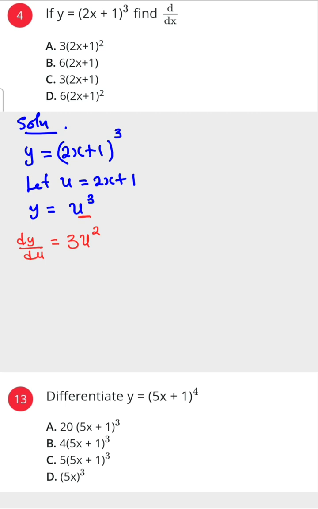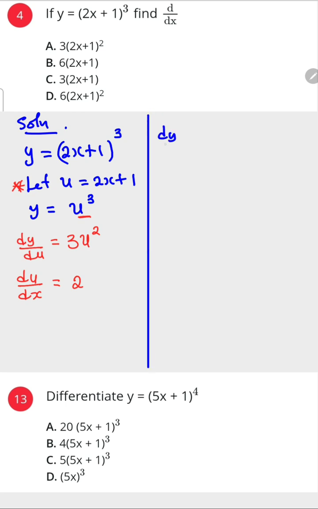Then you have to differentiate u, so du by dx. If I differentiate it, I'm going to have just 2. But remember, all we need is dy by dx. That is what we need.